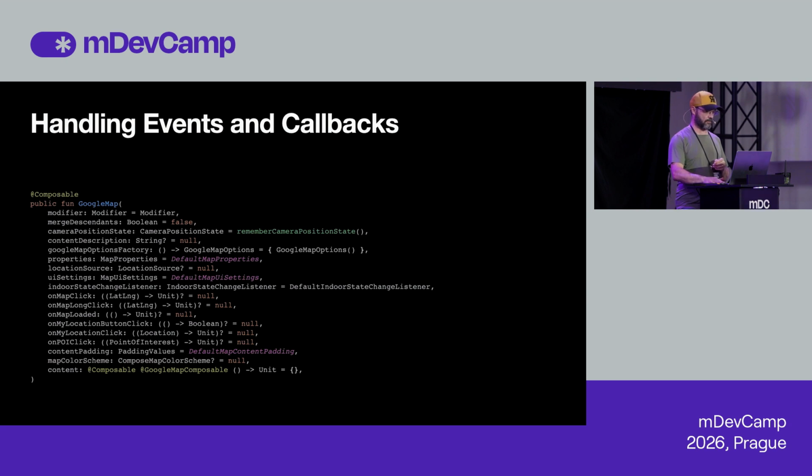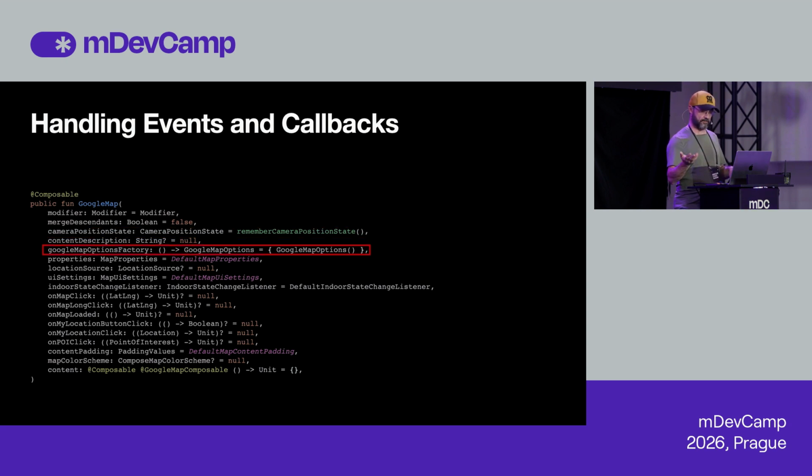As you can see, like many Compose APIs, it's large. But there are a lot of default values, so we don't need to specify all of them. Following the Compose API guidelines, the first attribute is a modifier with a default value, so we don't need to specify our own modifier. We also have the camera position state, also with a default, remember camera position state. So again, we don't need to pass anything here.